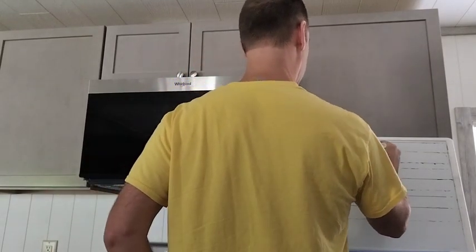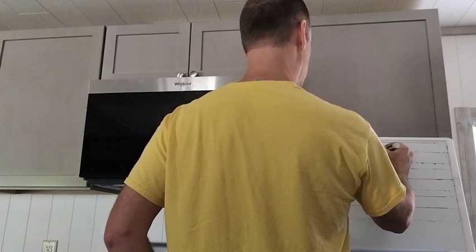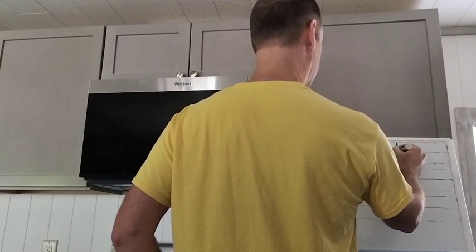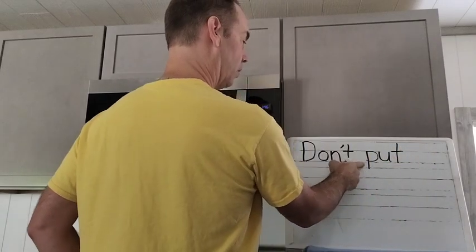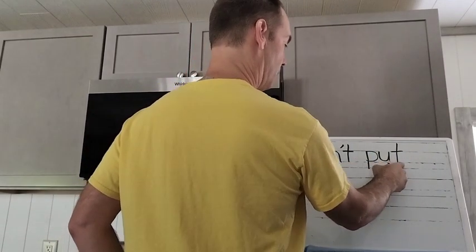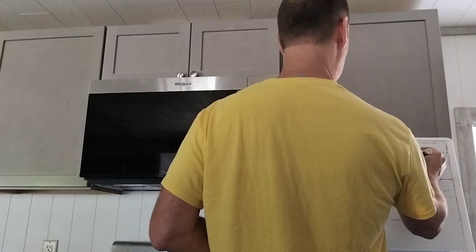Don't put. That's P-U-T. Notice that the lowercase p is the only letter here that goes down below the bottom line. There's only a few letters that go down below the bottom line, and lowercase p is one of them. Now we've got all.